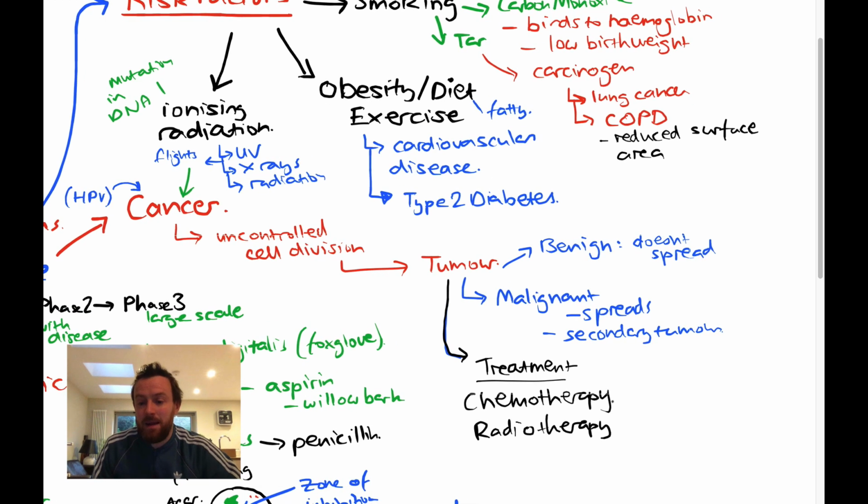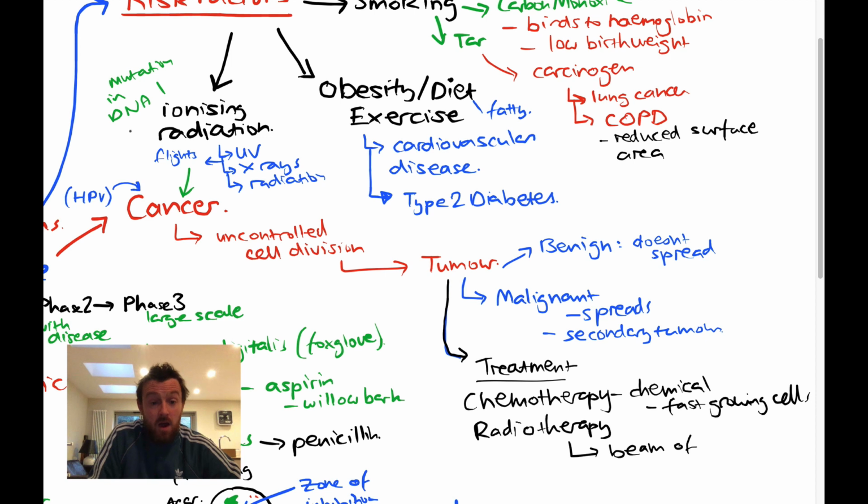So chemotherapy is chemical, and it attacks fast growing cells, but there are side effects. And radiotherapy is basically a beam of ionizing radiation to kill the cells.